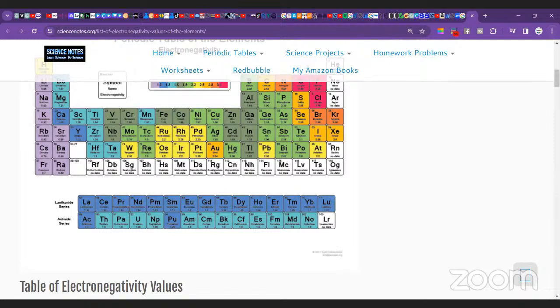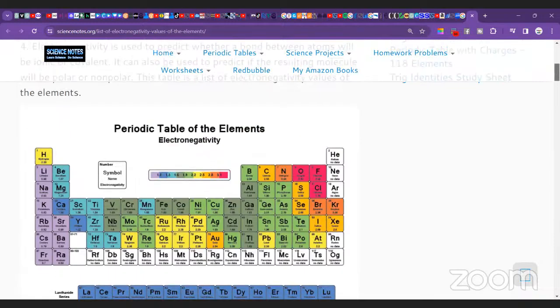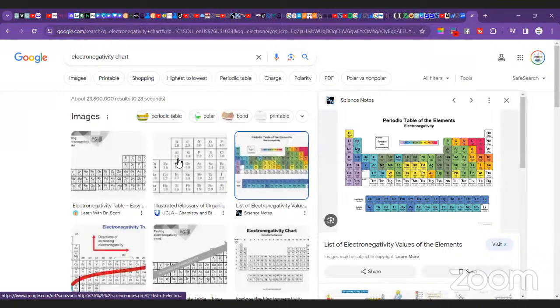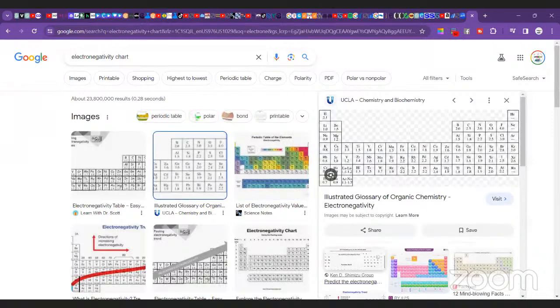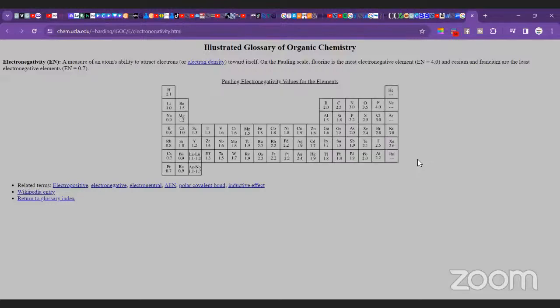I'll have a better one than this because the numbers are a little blurry, but they'll give you the electronegativity of those elements so that you're able to figure out. This is a better one. It's not color, but it's better. So it'll tell you the values, and all you have to do is subtract the numbers, and that'll tell you whether or not the compound is ionic, polar covalent, or non-polar covalent, just by subtracting two numbers of the formula.